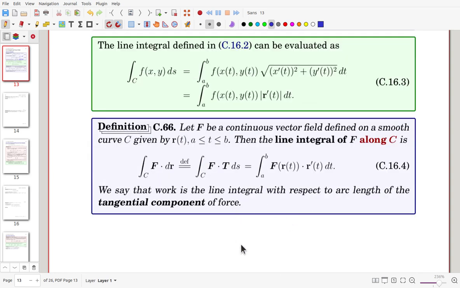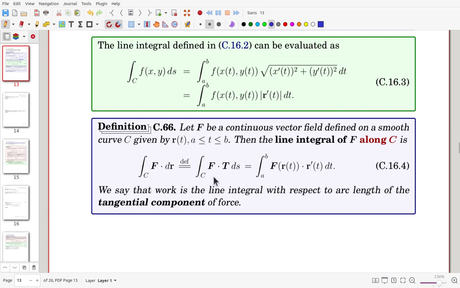For a vector field, we can define a line integral. F is a continuous vector field defined on a smooth curve C by the representation. Then the line integral of the vector field along C is notated with that term.